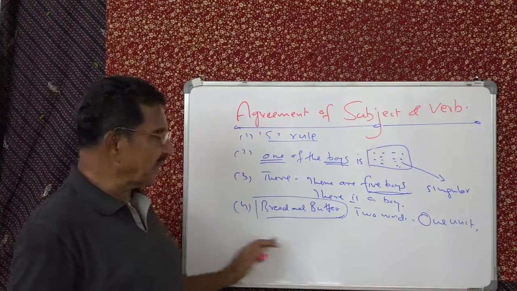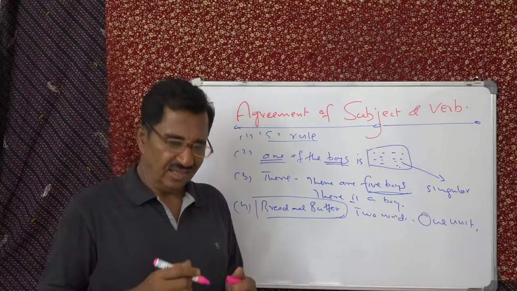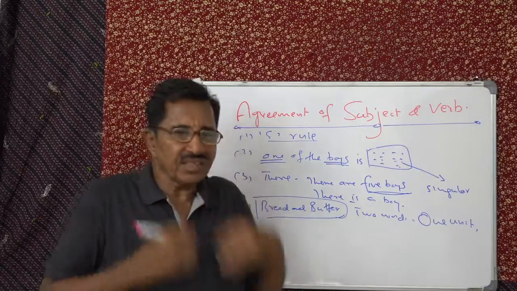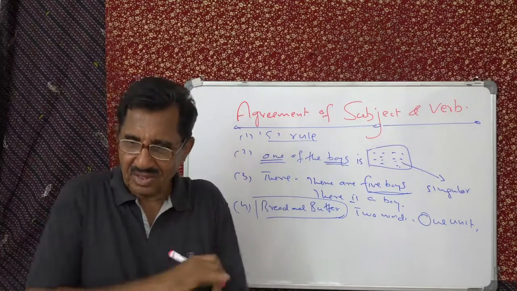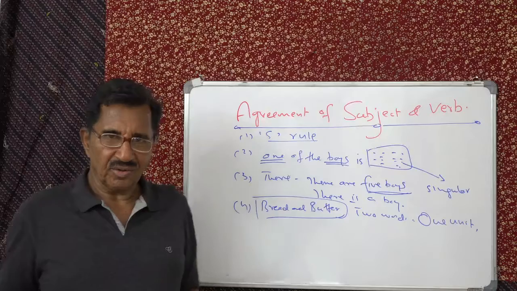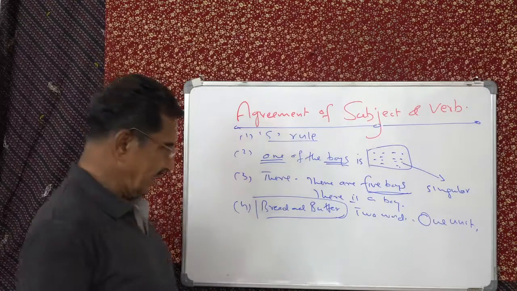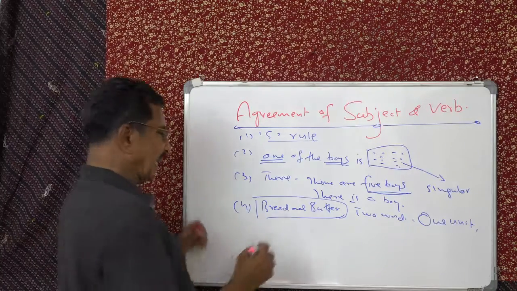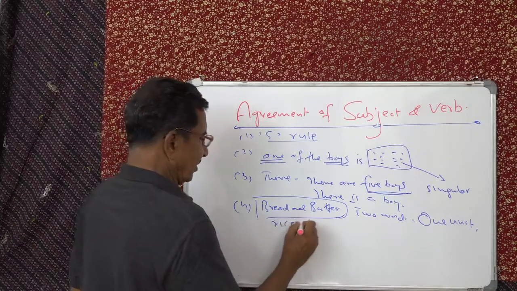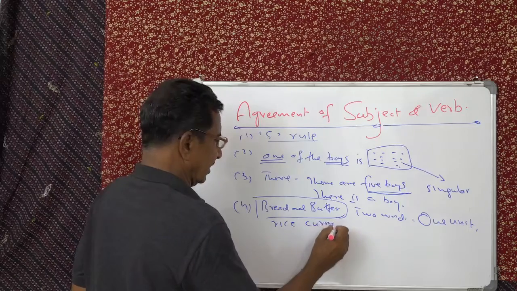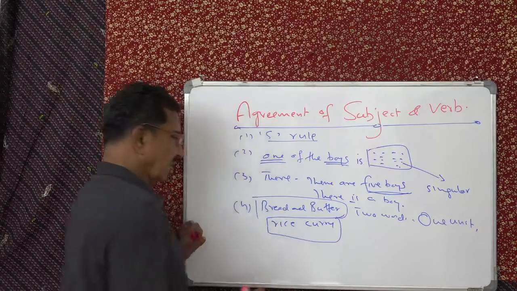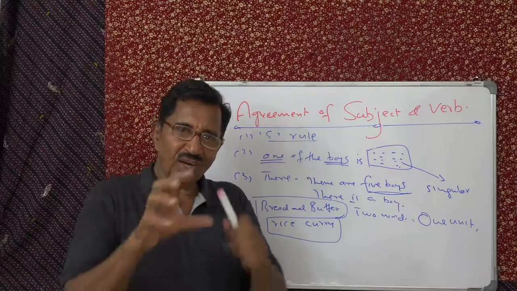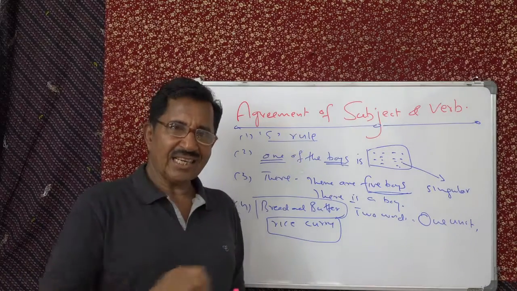So bread and butter is my breakfast, not are my breakfast. You are not eating bread first, then butter after that, but together. Egg and bacon. Or you can say rice and curry. You don't eat rice first and then curry afterwards. It's one unit. So rice and curry is good.